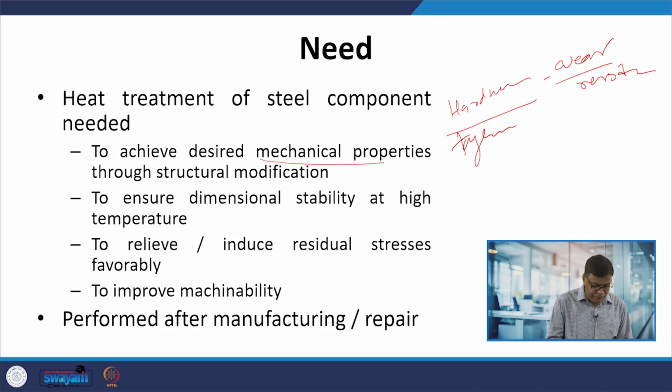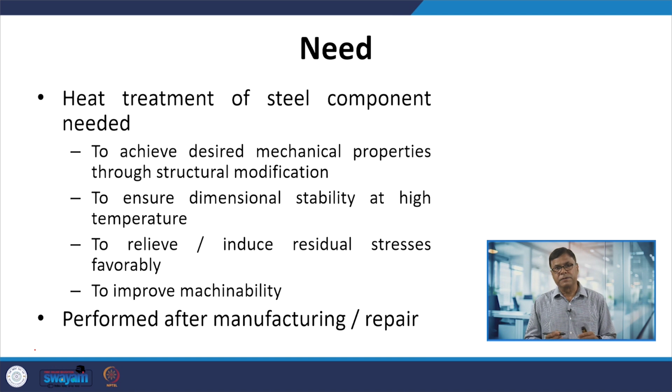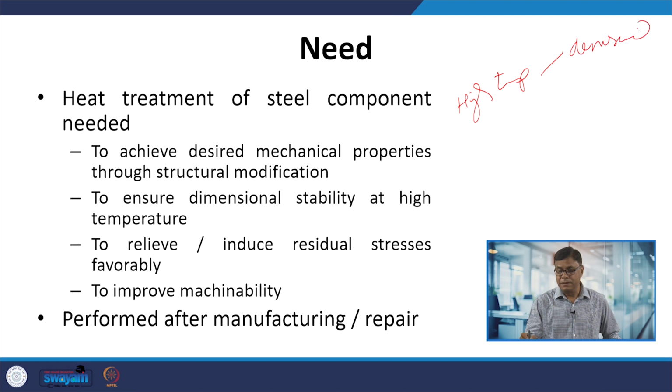We know that components, because of structural changes, experience a lot of change in mechanical properties when subjected to heat treatment. There are two aspects: high temperature dimensional stability and high temperature mechanical properties.